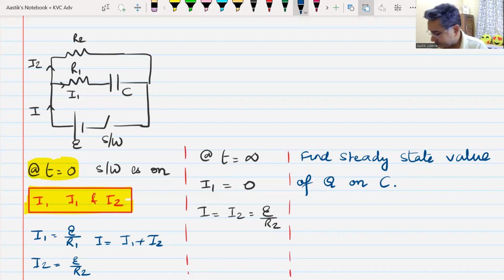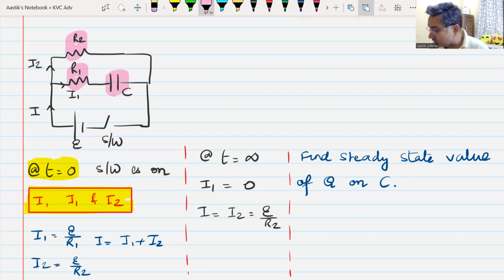Now, whenever you see a question with resistors and capacitors, and they ask you the charge on the capacitor, just take a deep breath and listen to what you have to do.